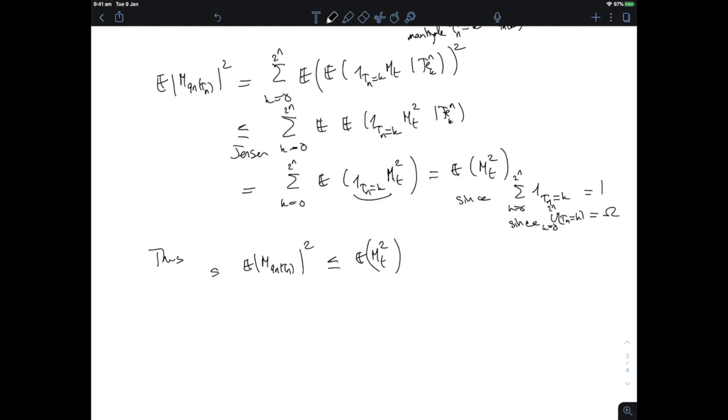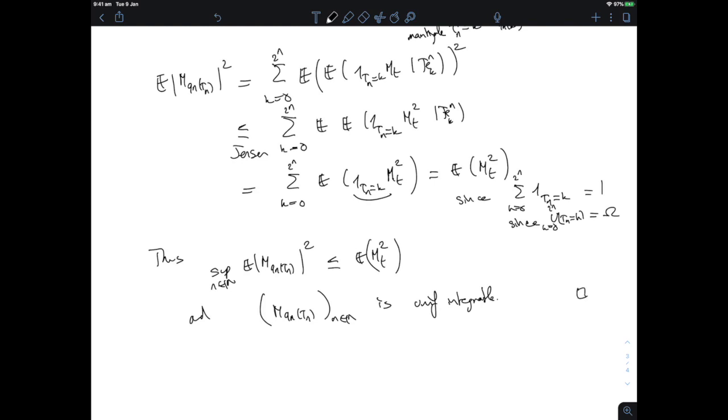And then I take the supremum of that, and that supremum stays bounded, and therefore M of Q_n(τ_n), as a sequence of random variables, is uniformly integrable. And that concludes the proof.